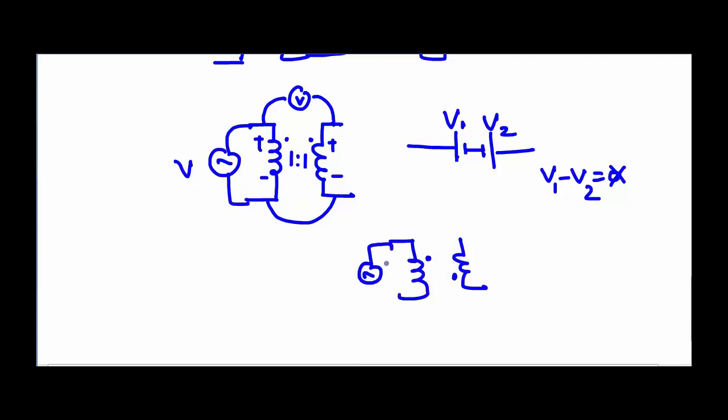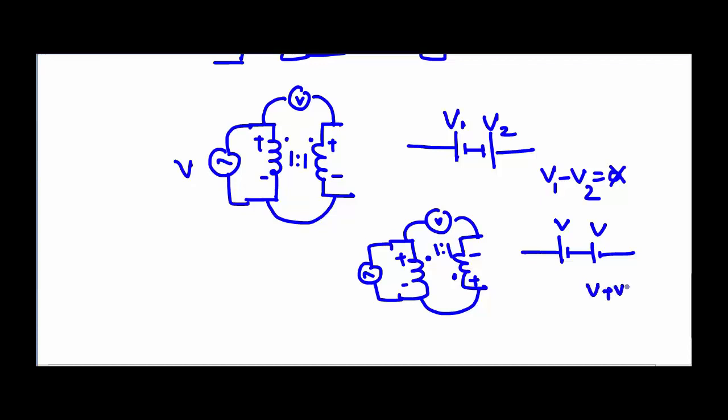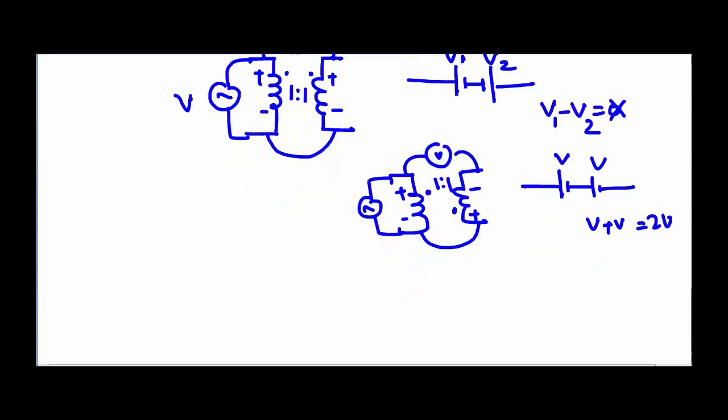So if we have a voltage and if we short these two terminals, and if we add a voltmeter at this point, and assuming that it is a 1:1 transformer, then it's obvious that this one will be positive, this one will be negative, this one will be positive, this one will be negative, and the resultant DC equivalent will be something like this. So the value of this voltage will be V and this one is going to be V. So the resultant reading of voltmeter is going to be V plus V, which is equal to 2 times V. So this is how we perform polarity tests in transformers.